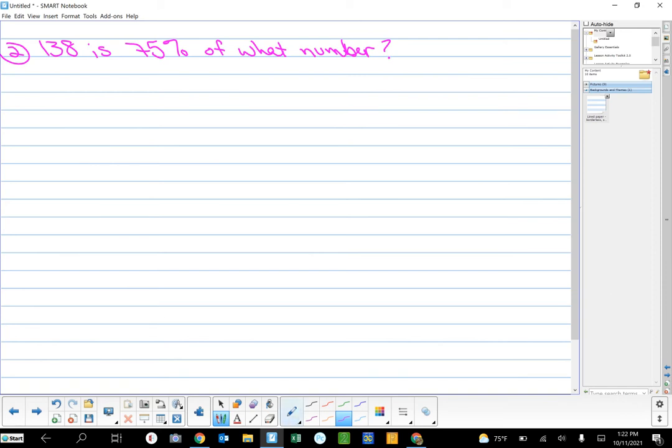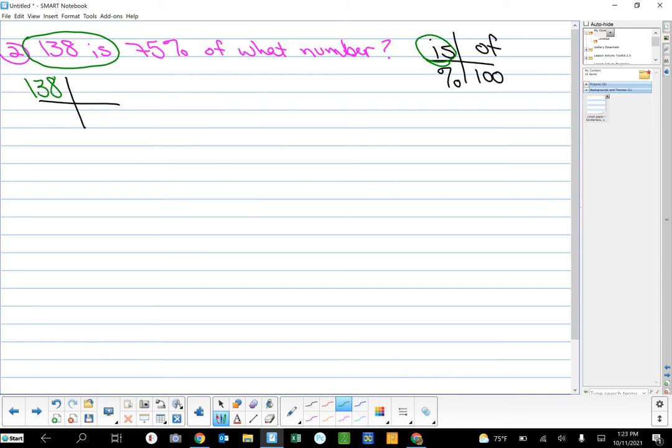Okay, so here we're going to draw this guy back in here. Is, of, percent, 100. Keep these on your paper, and then draw a blank one in and fill in what we know. Okay, 138 is, the is goes in the upper left-hand corner. So 138. 75%, the percent goes in the bottom left corner as the whole number, right?